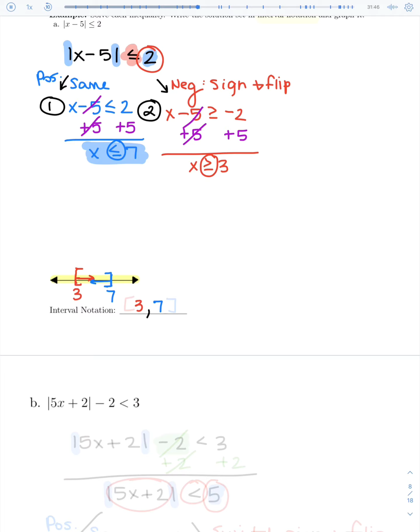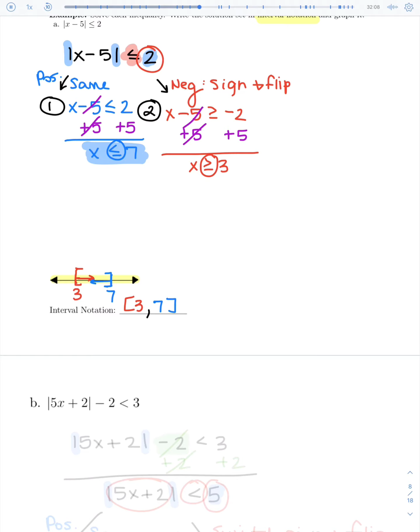And notice the 3 does have a bracket and the 7 does have a bracket because of the equal to's, and that would be your final answer. Do keep in mind that you cannot write your final answer with just the inequalities. They always expect your final answers to be in interval notation.